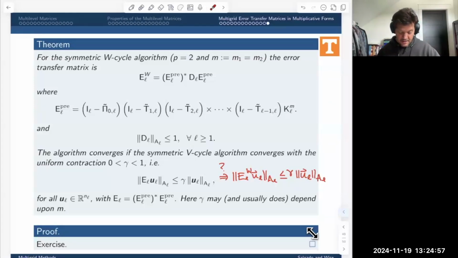It's not quite as easy, because we don't know the structure of this matrix in the middle just by this theorem. We do know that this has the structure of a multiplicative error transfer matrix, but we don't know what this DL might be. We did, however, show that the V cycle is definitely a multiplicative general linear iterative scheme.